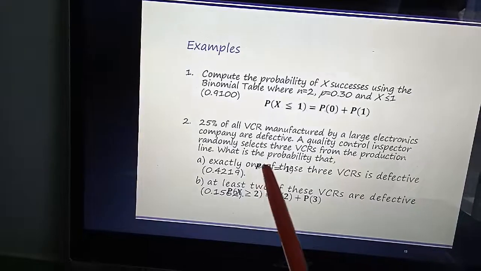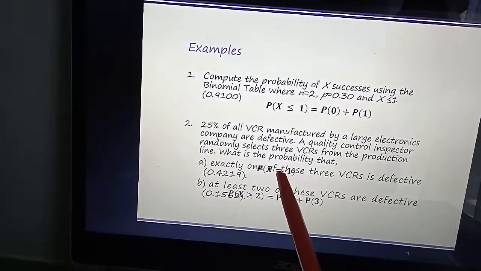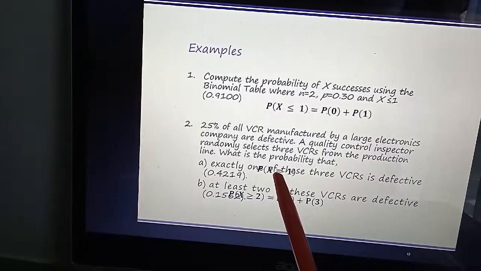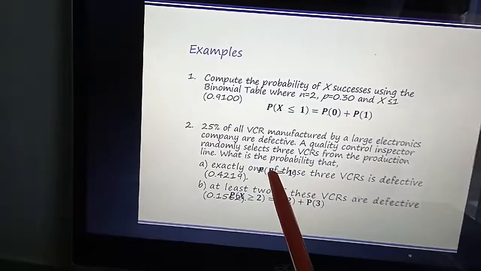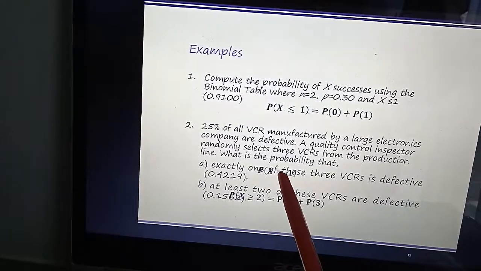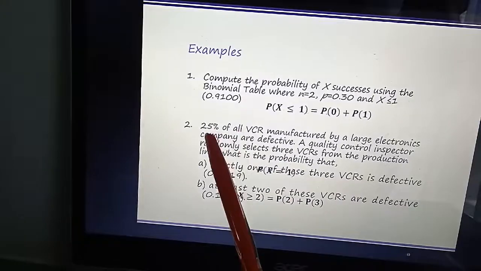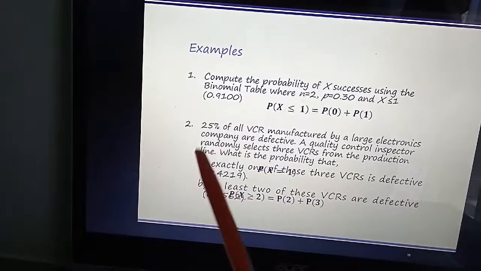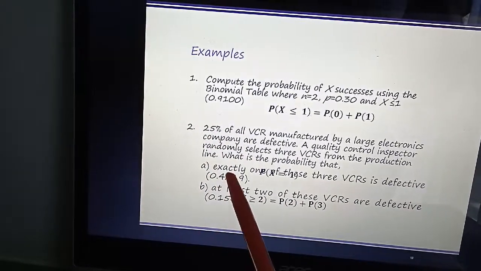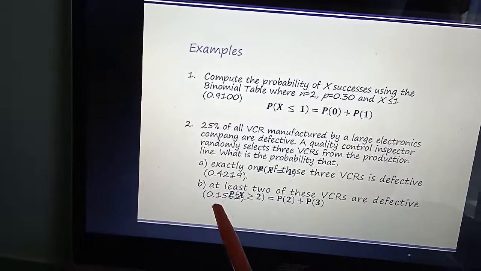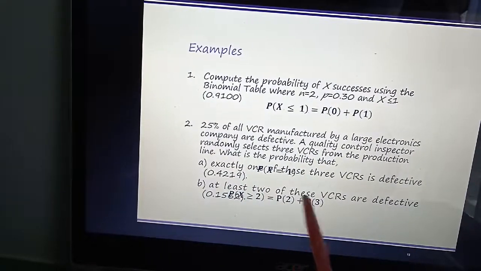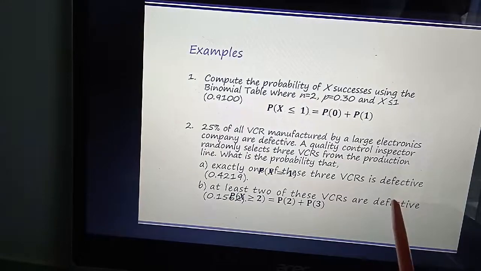So it means the probability when x equals 1. From the table, find the probability when x equals 1, n equals 3, and p is 0.25. So the answer should be 0.4219.